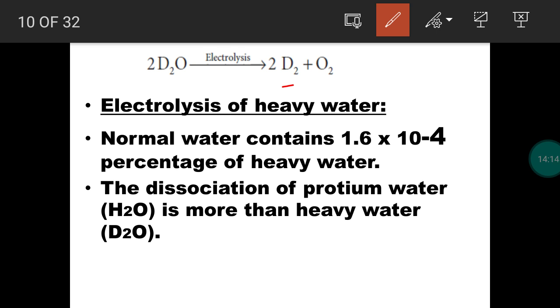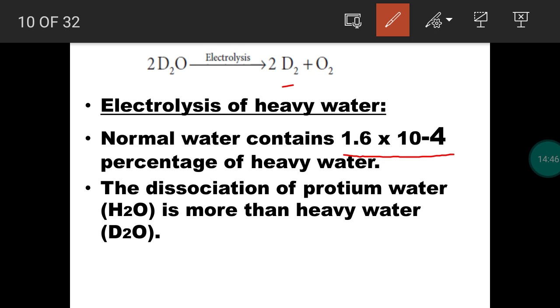So preparation of deuterium is the same electrolysis of water. So we are going to do electrolysis of water. So percentage of deuterium in the water is just 1.6 times 10 power minus 4 percentage. When you take water molecule, we are going to do electrolysis process. All the water molecule will be converted into hydrogen gas and oxygen gas.